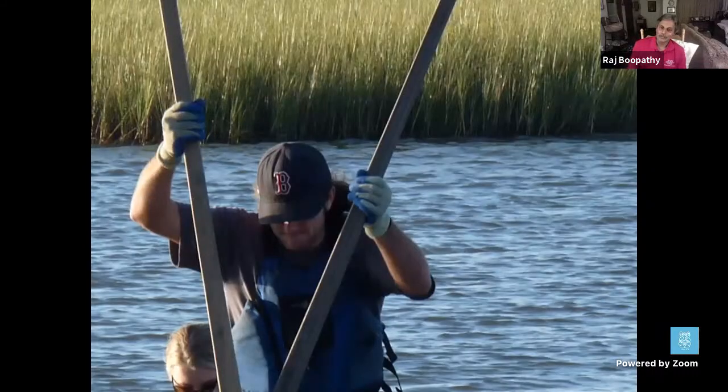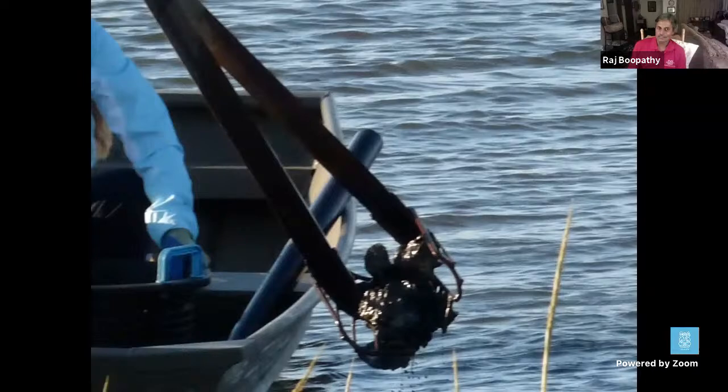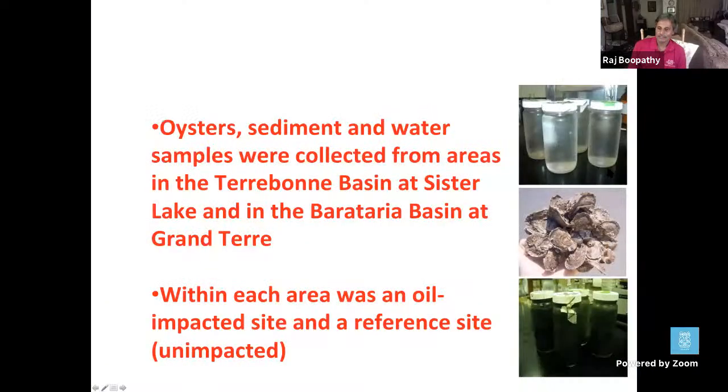But when you go and collect samples at the bottom, because it's all at the bottom of the coastal area, you can find oil. This is an oyster sample, and then we collected the sediment, oyster, and water. We did the analysis of oil, and then we did the enrichment study for bacterial activity and how the oil can be cleaned up.